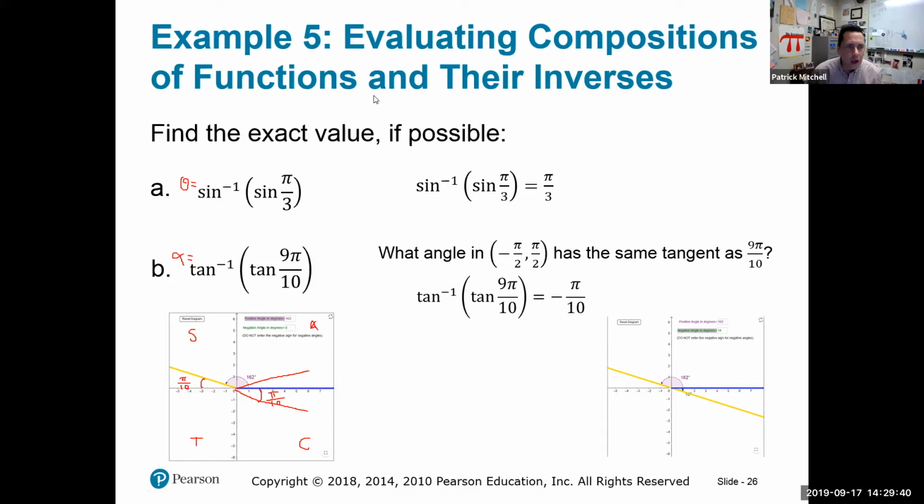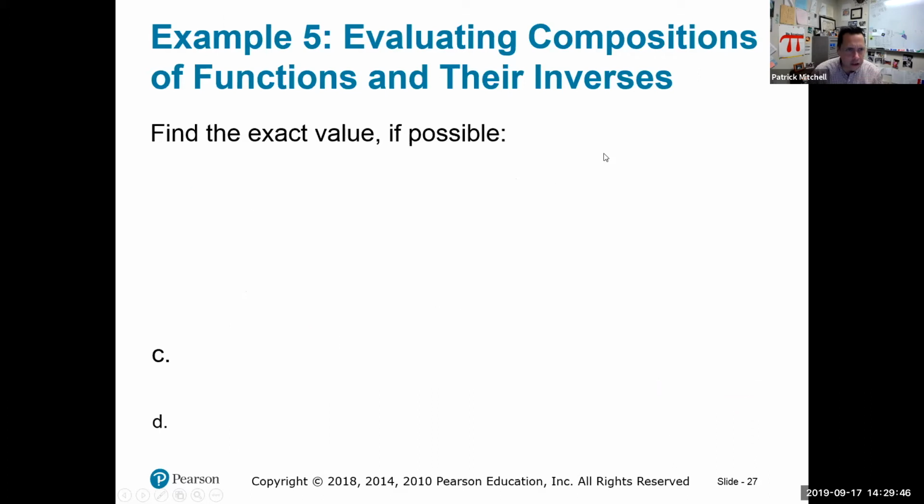Okay. And then there's one other kind of problem that comes up in this section, and these are actually a little easier. When you see the trig function on the outside and the inverse trig function on the inside, what this is asking is, what is the cosine of an angle whose cosine is 0.7?